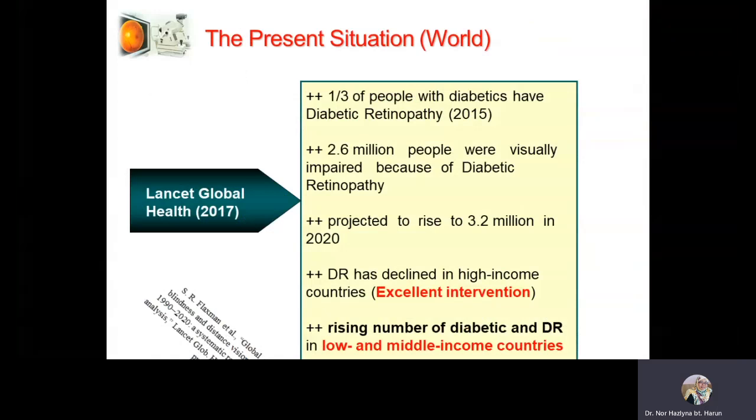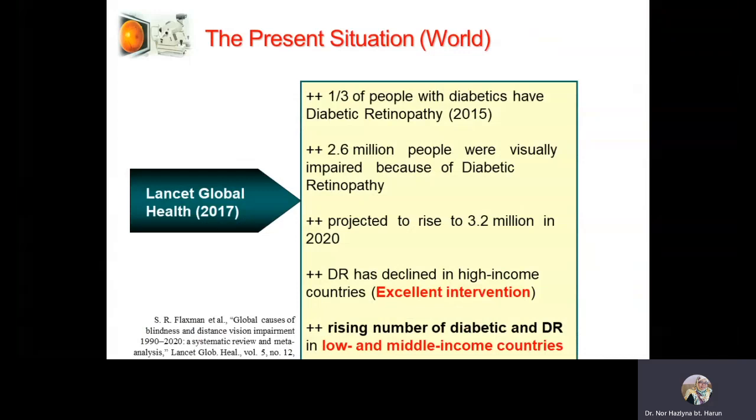Okay, now we look at the present situation worldwide. From Lancet Global Health 2017, one third of people with diabetes have diabetic retinopathy. 2.6 million people were visually impaired because of diabetic retinopathy, and this is projected to rise to 3.2 million in 2020, this year.